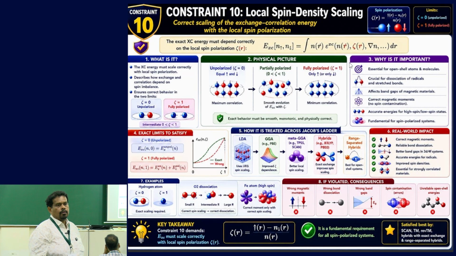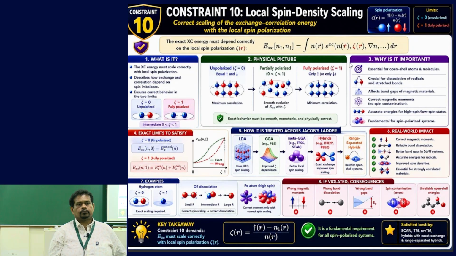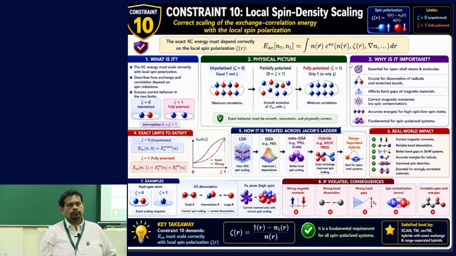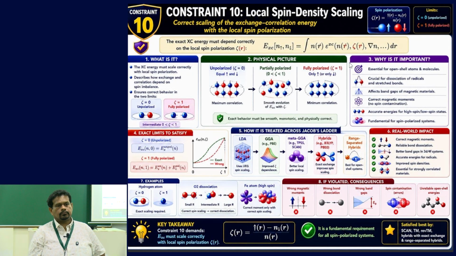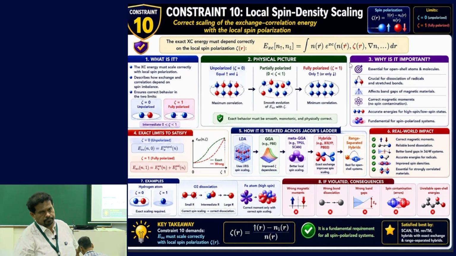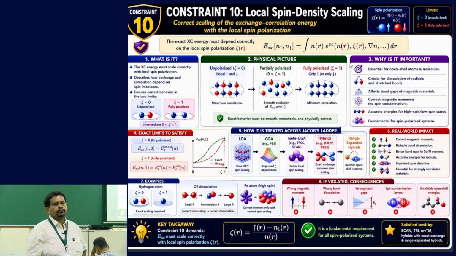But in practice, for example in LDA, you write exchange separately, EX, plus EC. For example, you do PBE: you write EX times its enhancement factor plus correlation minus some correction.